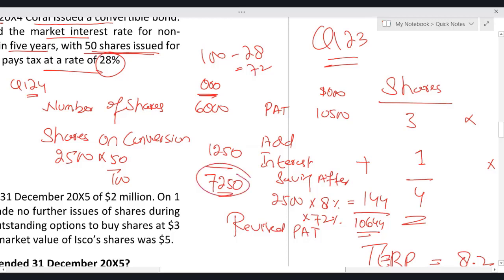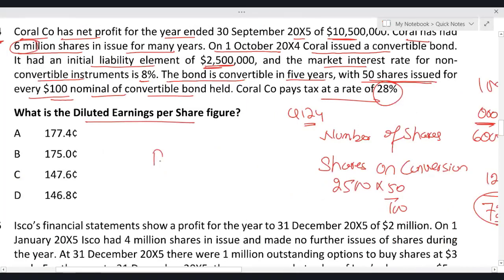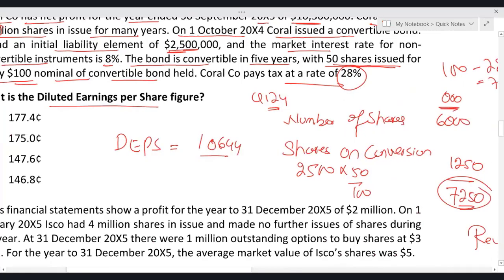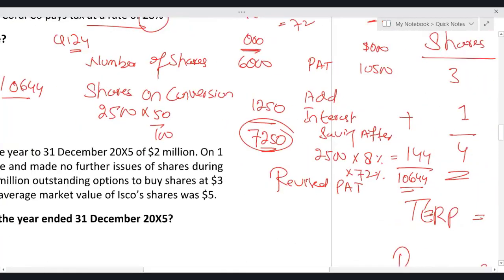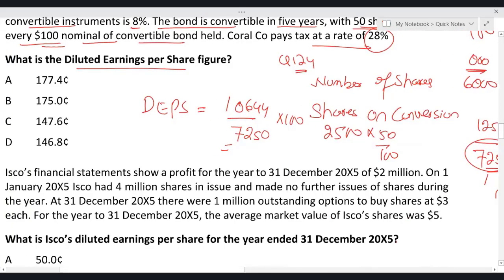Weighted average shares, we have 7,250. So very easily we can calculate diluted EPS. Diluted EPS: we have calculated the earnings 10,644, and the weighted average shares 7,250. Whatever comes, we have to multiply this with 100, because all the choices are in cents.